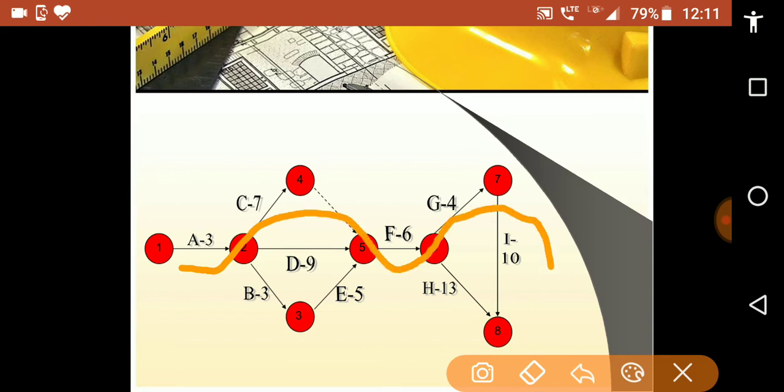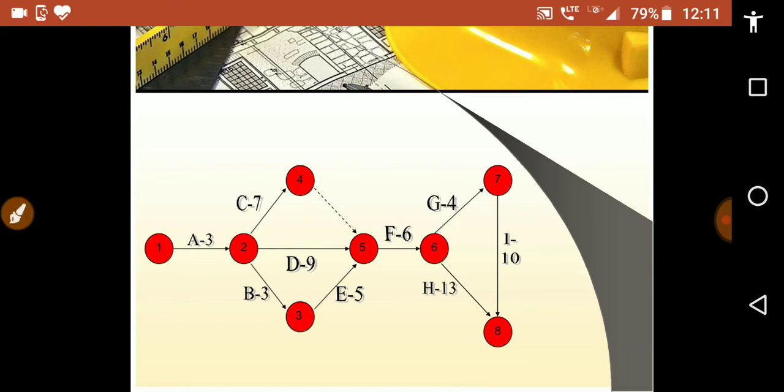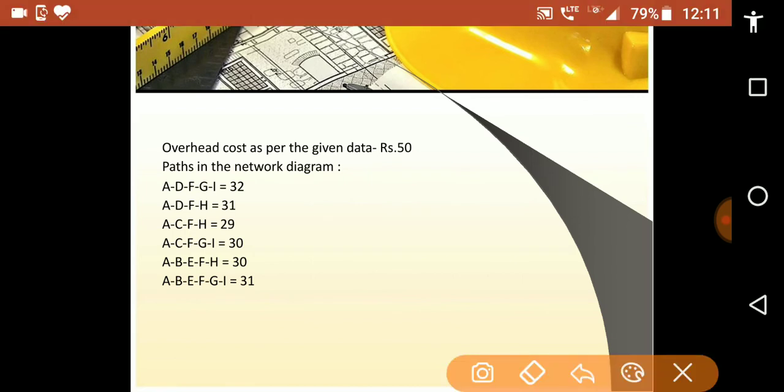The value of this path is 7 plus 3 equals 10, 10 plus 6 is 16, 16 plus 4 is 20, 20 plus 10 equals 30. So the value of this path is 30.